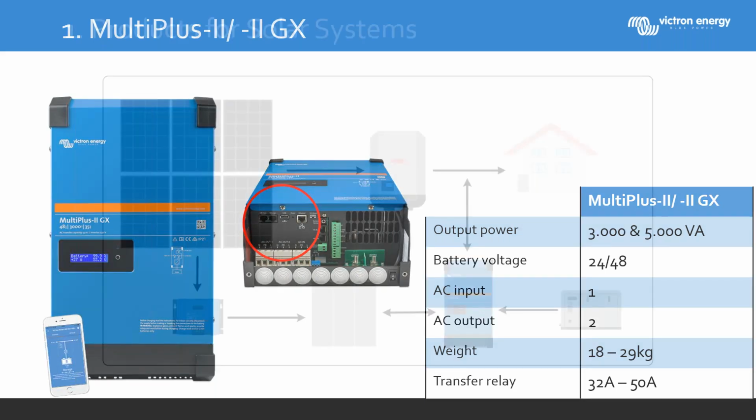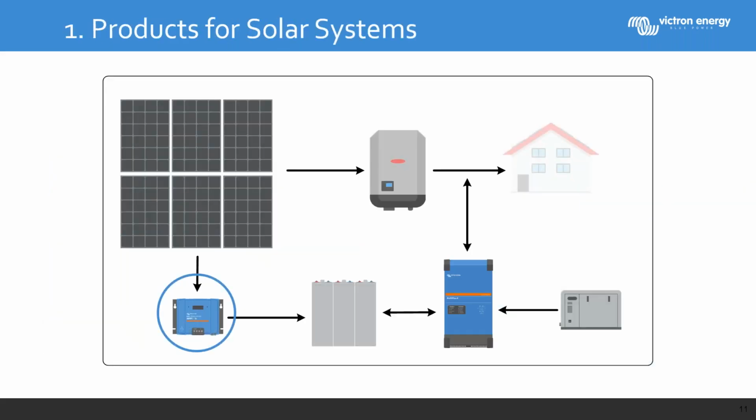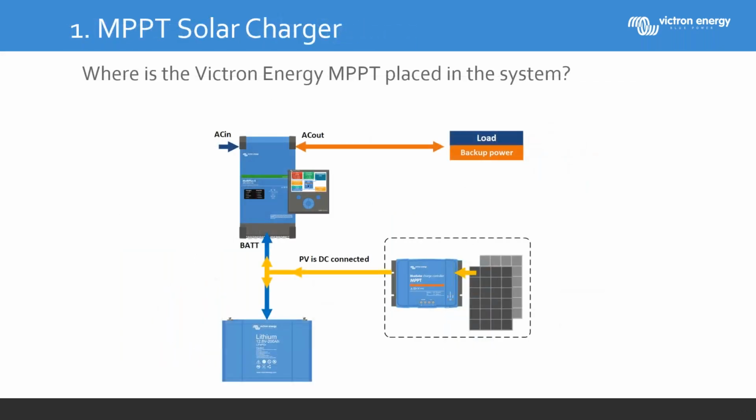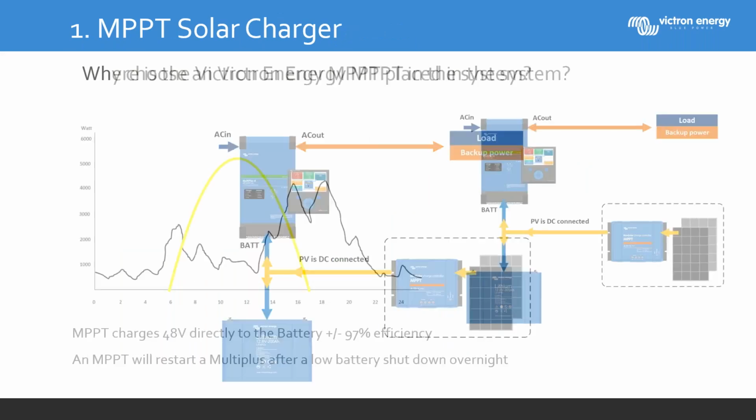Okay, so the next part of the solar systems products is the MPT. My colleagues from Fronius have spoken about this already. The MPT is obviously a DC charger that's connected on the DC bus of the system.